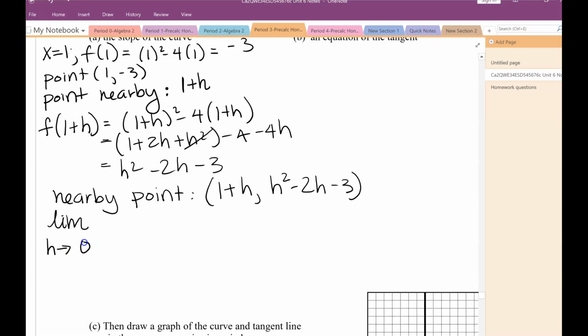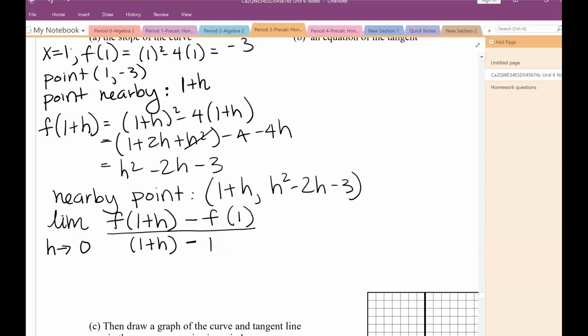Over. Now we're going to write the normal slope, which is f of 1 plus h, which is your f of b, isn't it? Minus f of a. f of a happened to be 1, true or false? All over your b minus a. Well, b is really 1 plus h, true or false? And what was a? Minus 1.